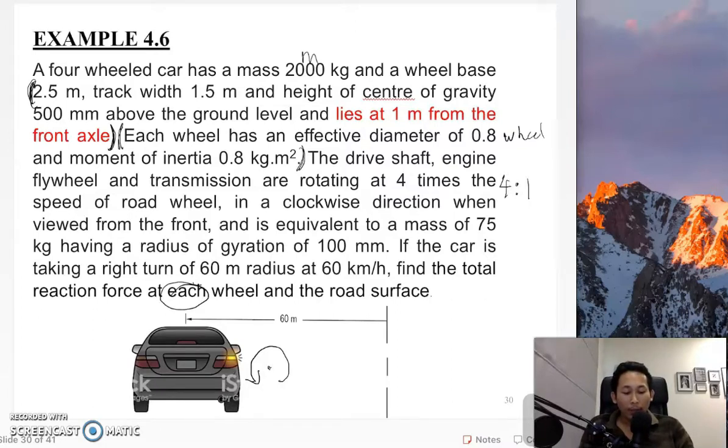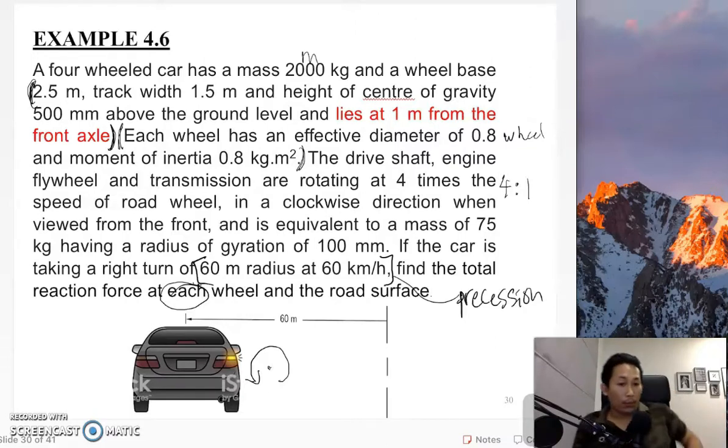So 75 kilogram is for the rotating parts, and this is for the precession. If the car is taking a right turn, from the figure, the car is going to the front and then making a right turn.